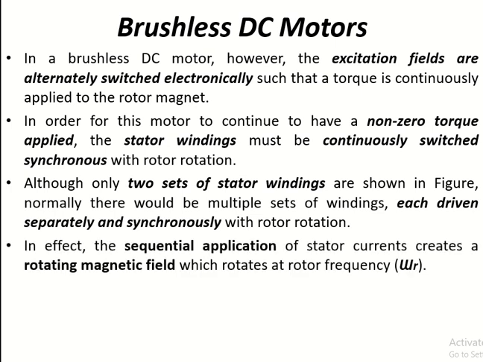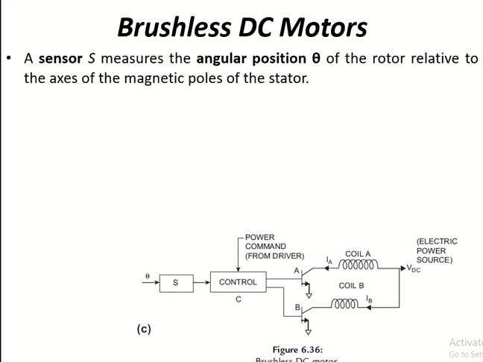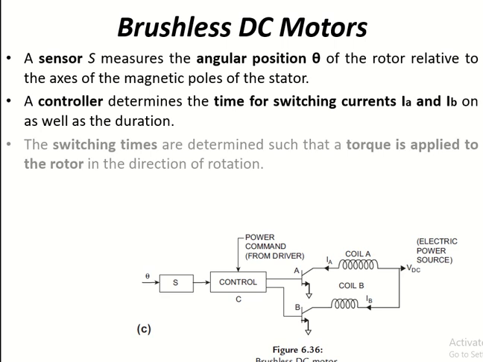In fact, the sequential application of stator currents creates a rotating magnetic field which rotates at rotor frequency. A sensor S measures the angular position theta of the rotor relative to the axis of the magnetic poles of the stator. A controller determines the time for switching currents IA and IB on, as well as the duration.